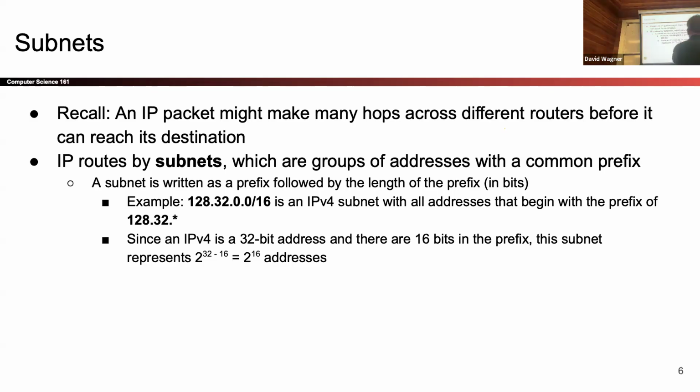So just a little bit of notation: to identify a subnet, I'm going to put all zeros in the machine part of the IP address, and then put a slash, and then indicate the number of bits, that is, how many bits are for the subnet. So 128.32.0.0/16 means the first 16 bits of this IP address identify the subnet, and the last 16 bits identify the machine.